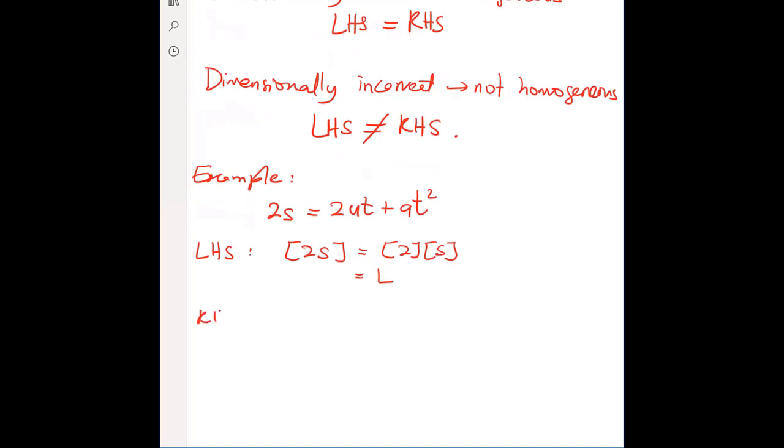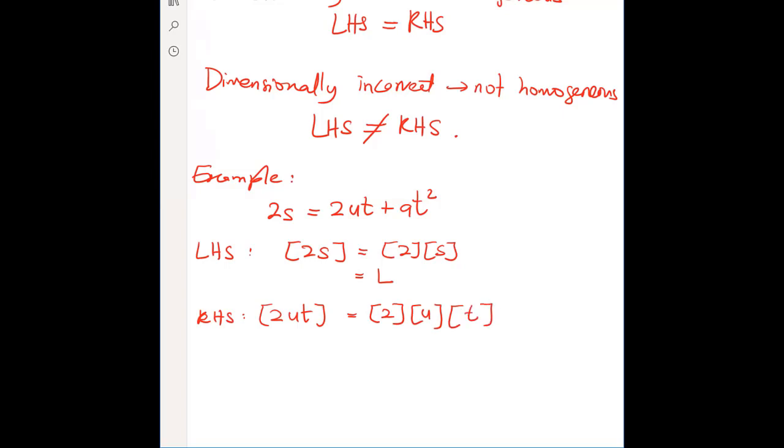For the right hand side, we have the equation 2ut plus at square. Because we have a plus here, we do it one by one. It means the right hand side has two terms. We do 2ut first. Again you have the dimension of 2, the dimension of u, and the dimension of t.